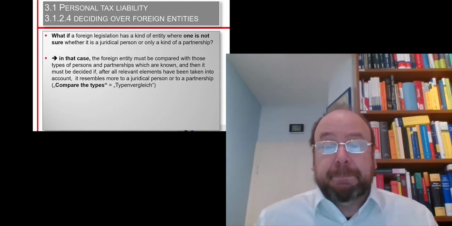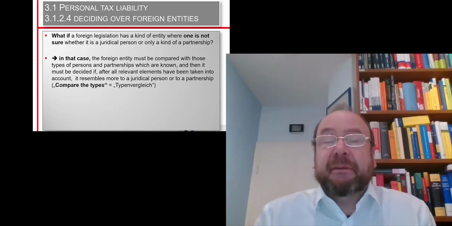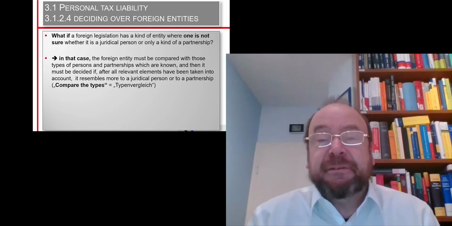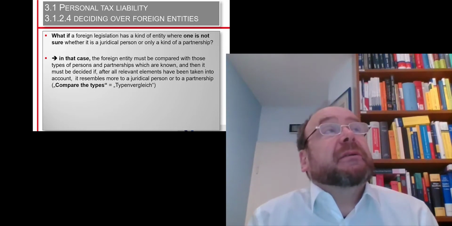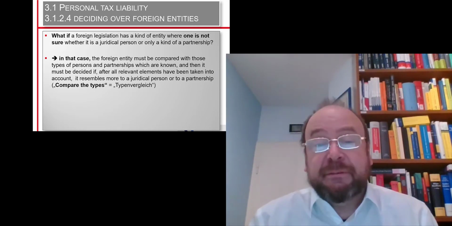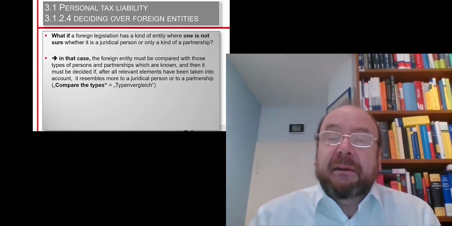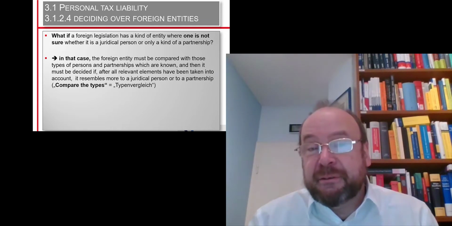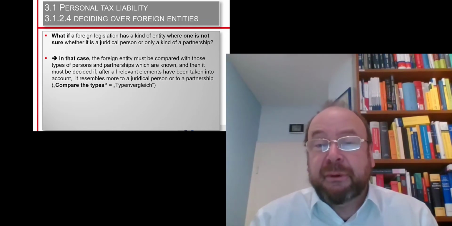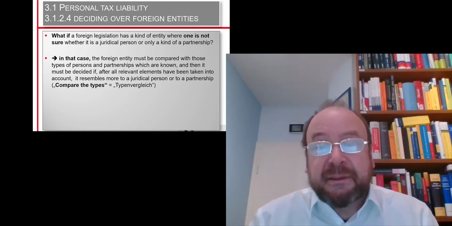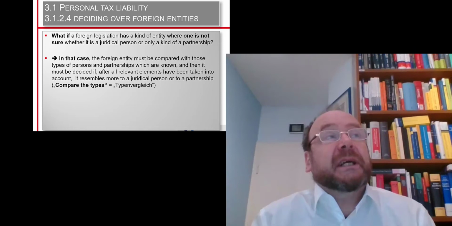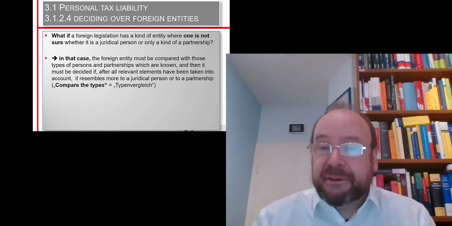Now, sometimes the problem is that if you read something about somebody being involved in a foreign entity, then you must find out if that foreign entity is a juridical person or a kind of partnership. And now, surprise, you might go to another state and ask the people, is your entity here a juridical person?